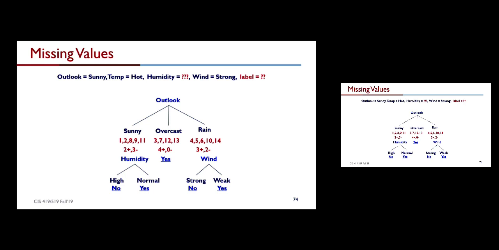Outlook equals sunny. Humidity, we don't know what to do. How should we classify this example? Really, there are two options for humidity. It could be normal or high, but each of them is giving us a different label. Not clear that there is something that we can do here.